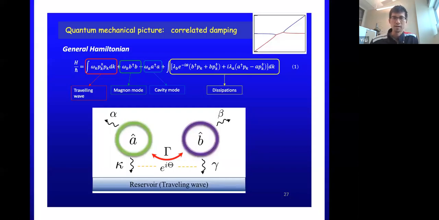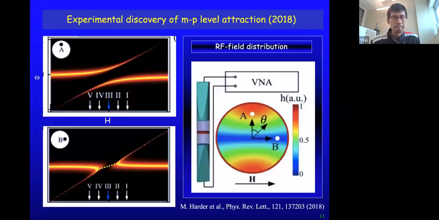That's your first paper, right? And then in your second paper, to engineer this non-reciprocity, you actually have two cavities, one is the microwave cavity, one is the YIG sphere, coupled through a third transmission line of the microwave.